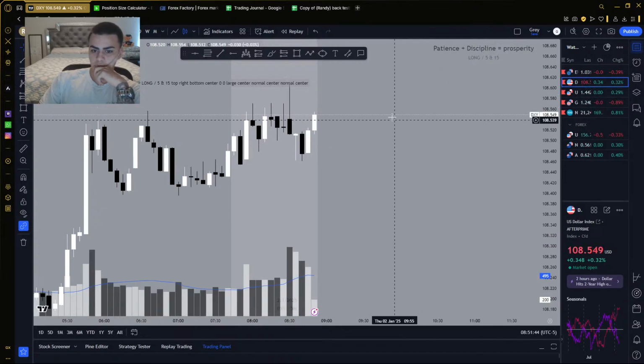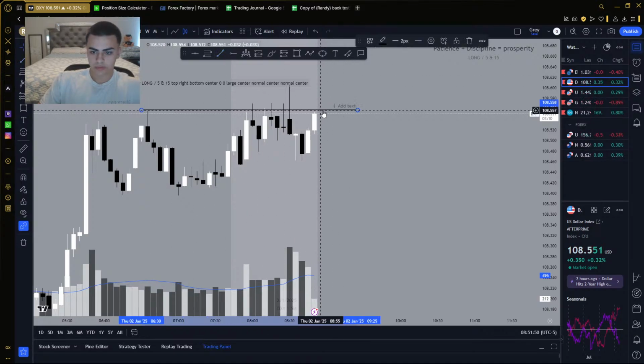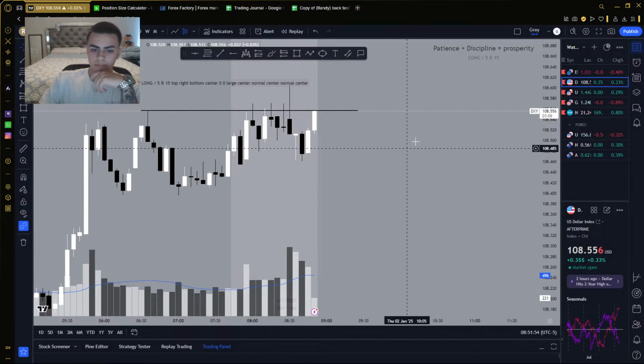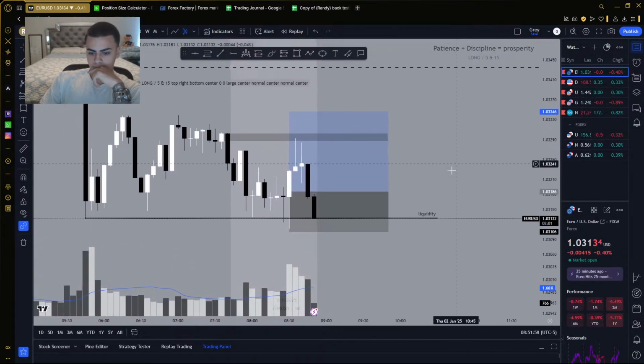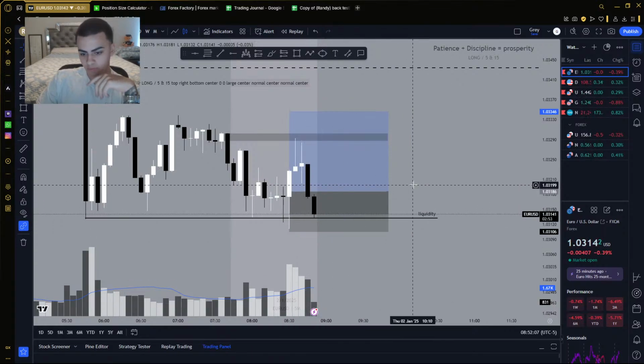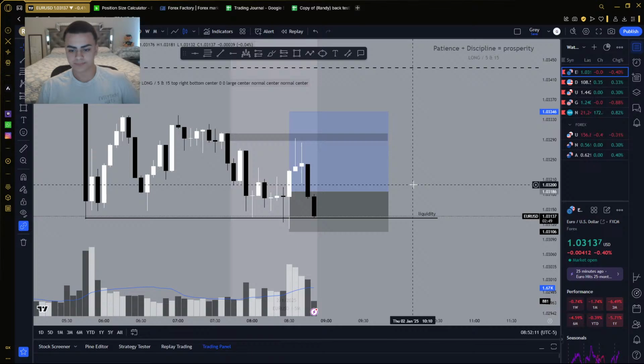What is it doing here? So it touched this point of liquidity here on DXY, which isn't a bad sign. If I see rejection off of here once again, I'm gonna enter a buy once again.